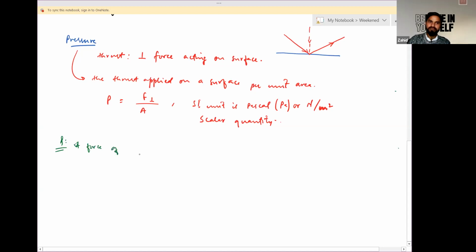A force of 10 Newton is applied on a pin to inject on a surface.